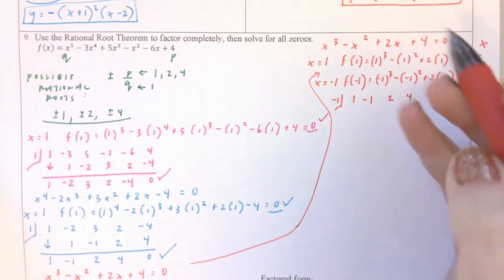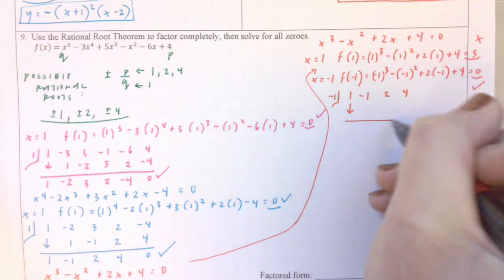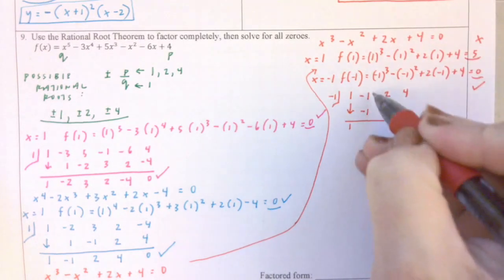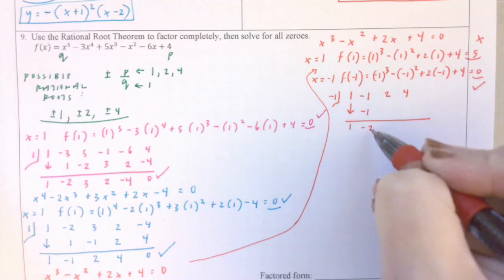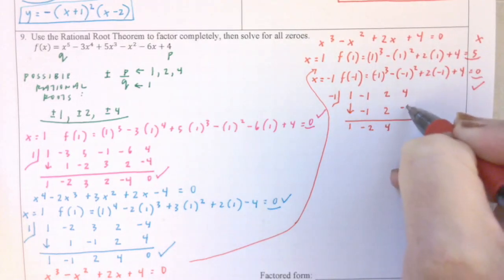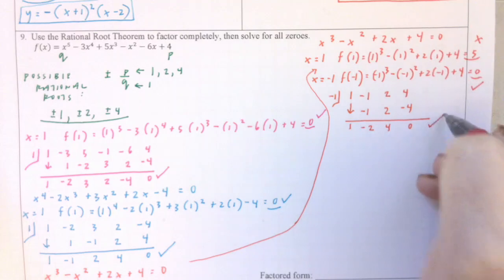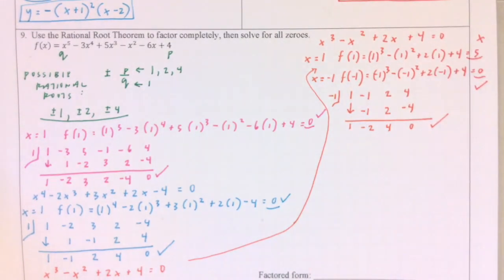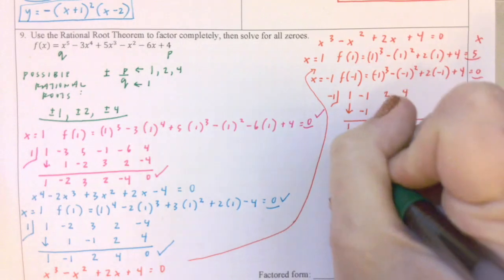Just transferring those coefficients. Okay, bring down the 1. Multiply, add down, multiply, add down, multiply, and amazing, confirms, zeros out, remainder of 0. So now what are we left with?